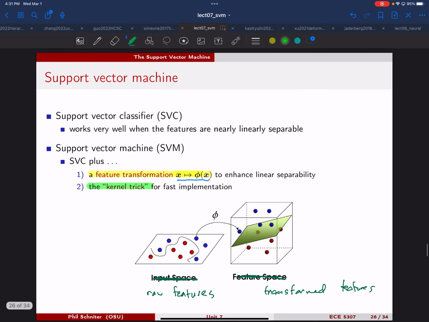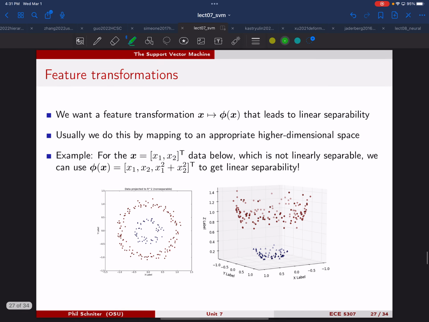Okay, so let's start with just the idea of feature transformations, and let's start with a very concrete, though very simple example. Here's a data set that, as you can see, well, it's a little bit hard to see. These are some red samples out here. These are some blue ones here. There's no way I can linearly separate them. I can't pass a line through here in any way that separates them. So these are my original X. But now, what if I add a new feature, which is just the squared radius?